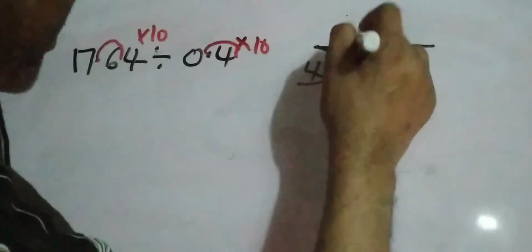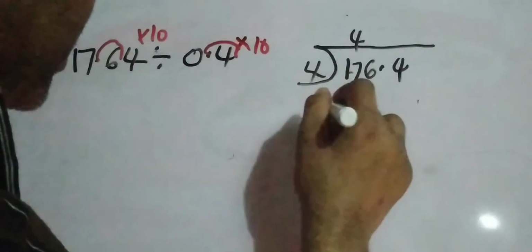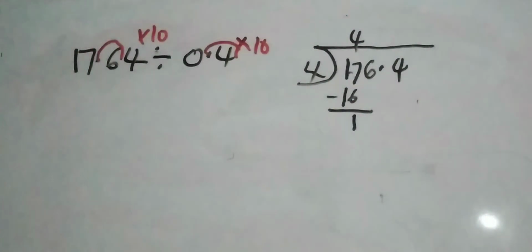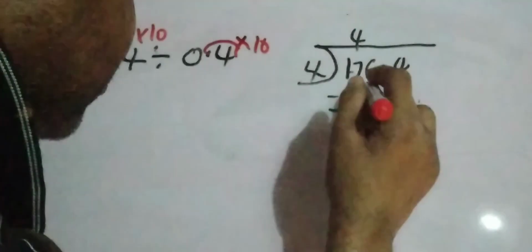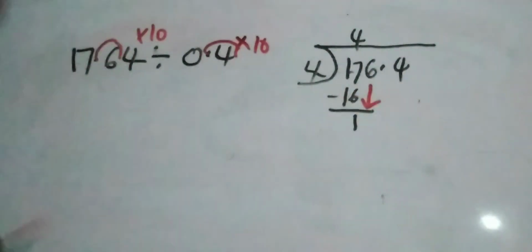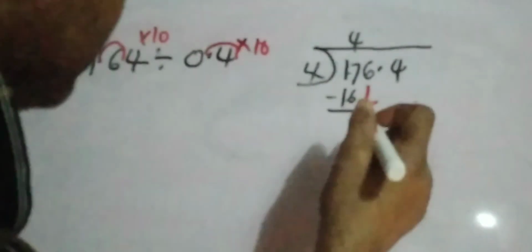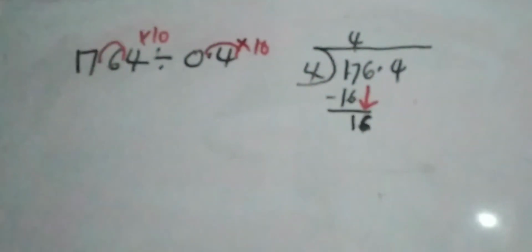That goes 4 times. 4 4s are 16. 16 from 17 leave 1. 4 can't go into 1, so therefore we're going to bring the 6 down to join the 1. So we're going to have 16 instead. Now we are going to say 4 into 16, and that goes 4 times.